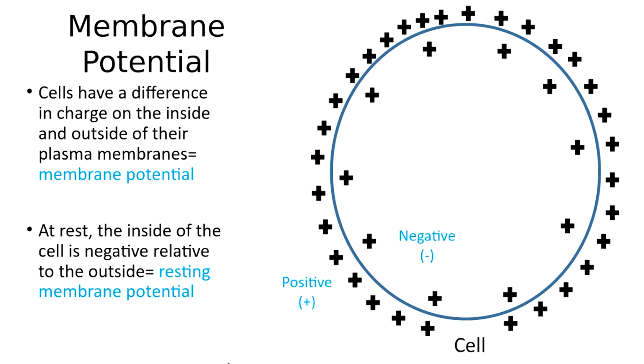When we talk about a nerve that's at rest, this is a nerve cell that's not generating an electrical signal. Both a skeletal muscle cell at rest and a nerve cell at rest have a difference in charge on the two sides of the membrane, whereby the inside is negative relative to the outside, and that difference is equal to negative 70 millivolts.